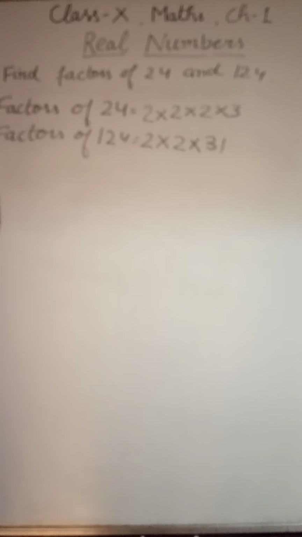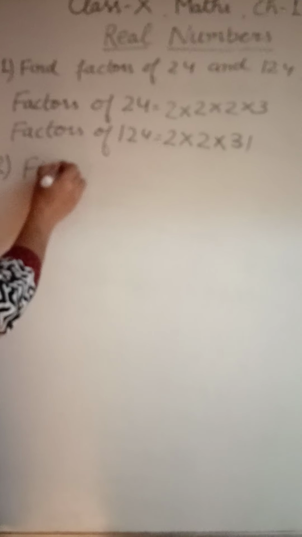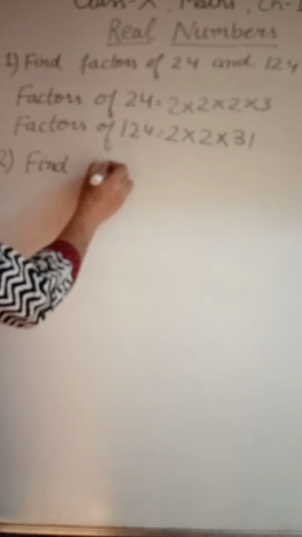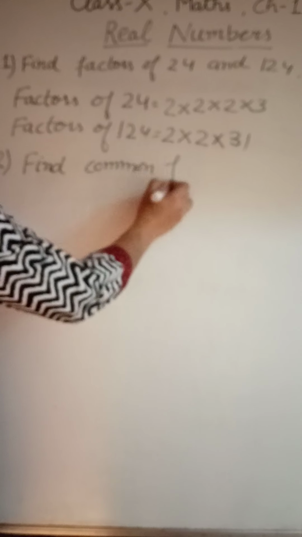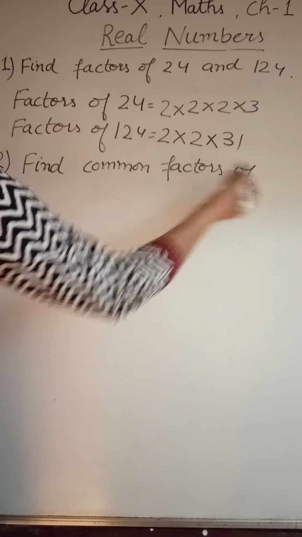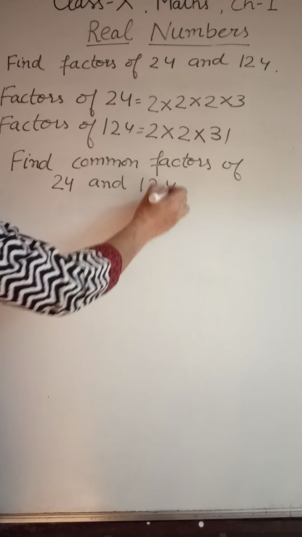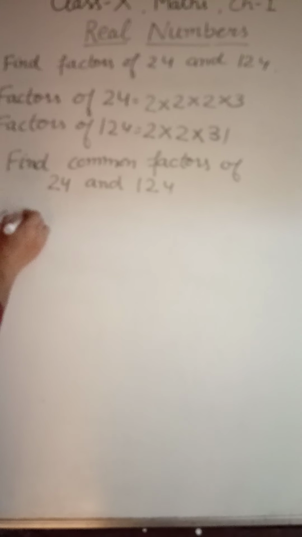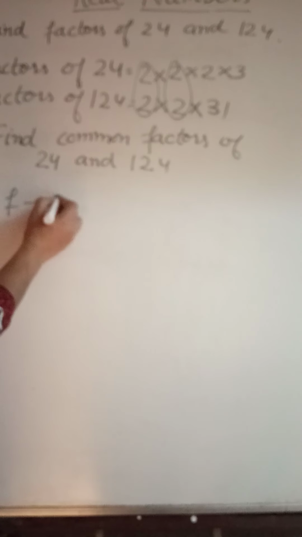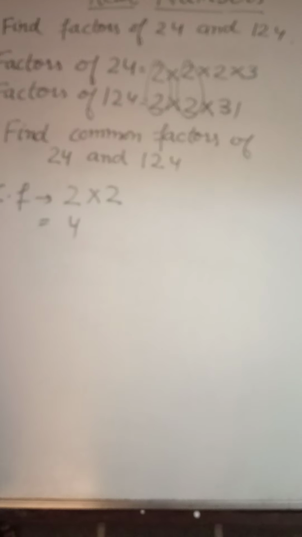Next thing you people have done, how to find common factors. If your question comes like this, find common factors of 24 and 124, again you will say, very easy. How to find common factors? What is common? 2 is common, then this 2 is common. Nothing else is common. So common factors, 2 into 2, that is 4.